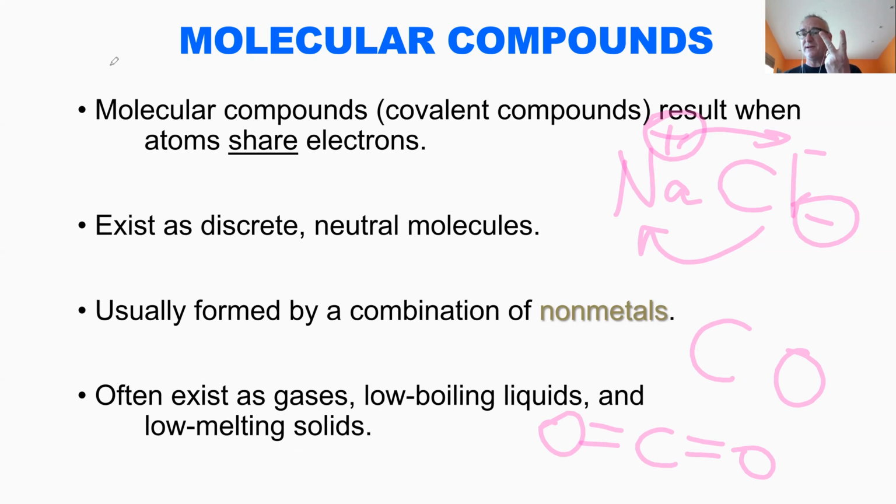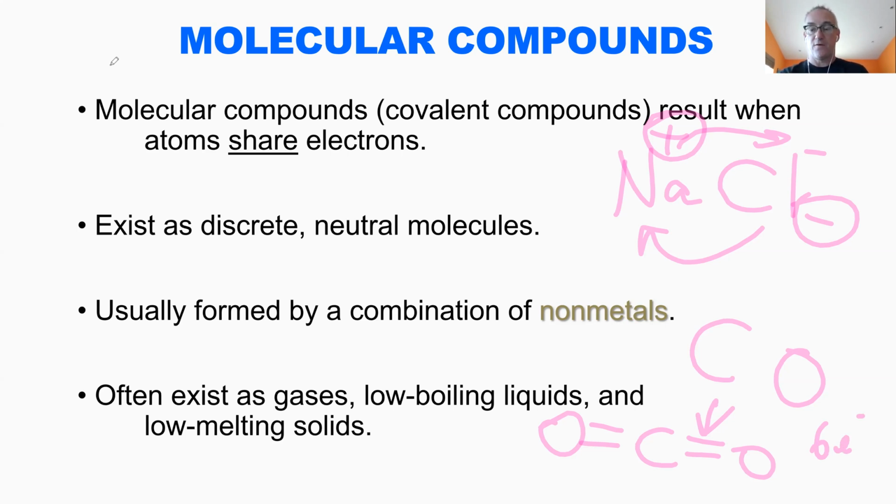Every bond, every line here, is a pair of shared electrons. Those are electrons that aren't really owned by any particular atom. They are shared in between. So oxygen has 6 electrons, it's in group 6.